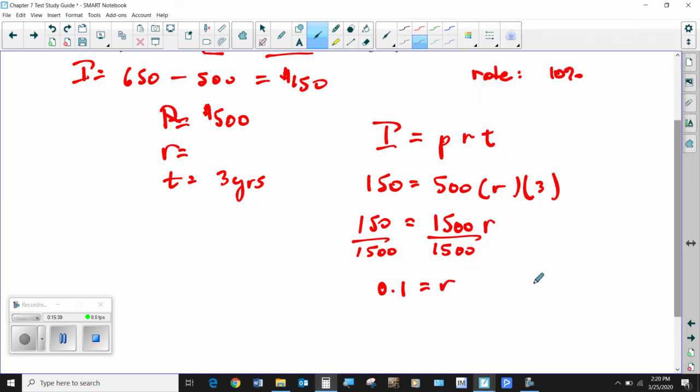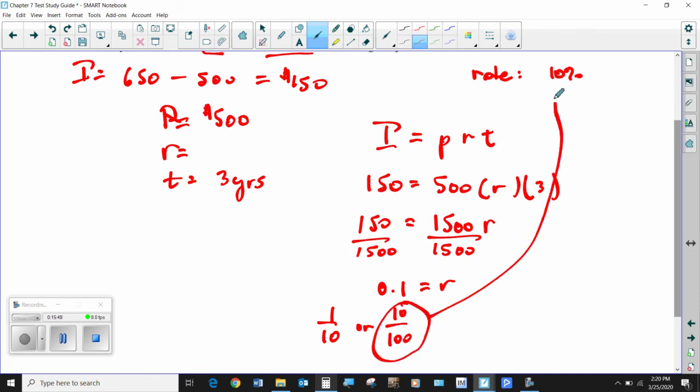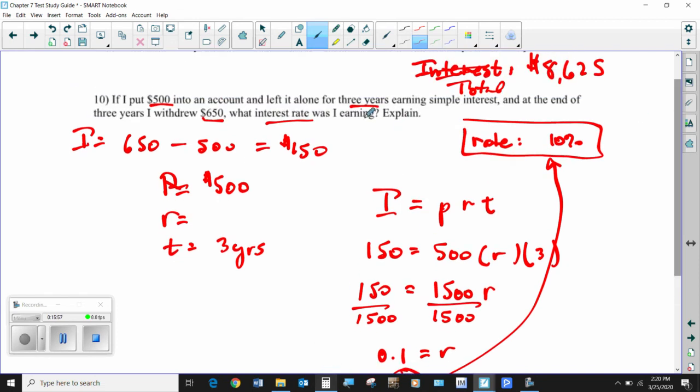Okay, so that's the decimal equivalent, which is the same as 1/10, which would be the same as 10 hundredths. And it's this that we need to convert to our percent, because 10 hundredths literally means 10%. So the interest rate for this particular investment was 10%.